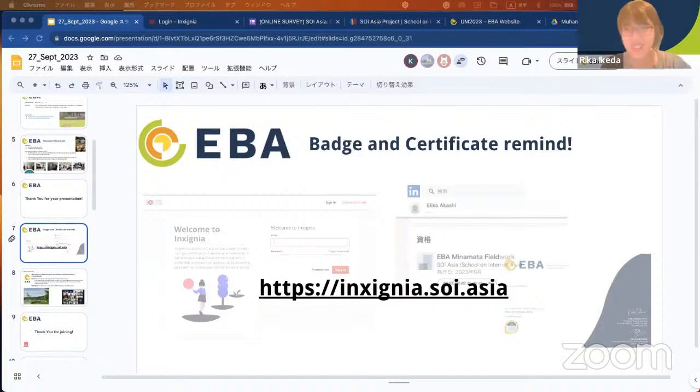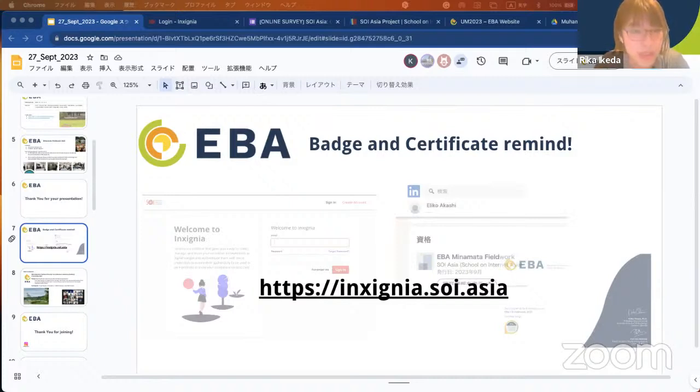Thank you, Itagaki-san. Hi, I'm Vika from K University. I'm a PhD student, in charge of the open badge-based certification system. First of all, thank you all for the presentation, both the Minamata team and the UM team. I enjoyed hearing about what you learned in the EBA program. I have an announcement regarding digital badges and PDF certificates.